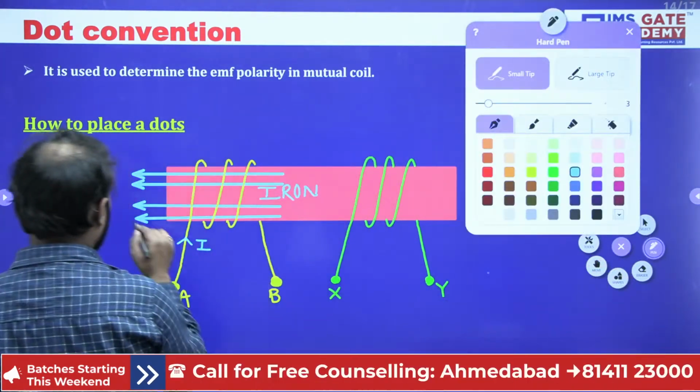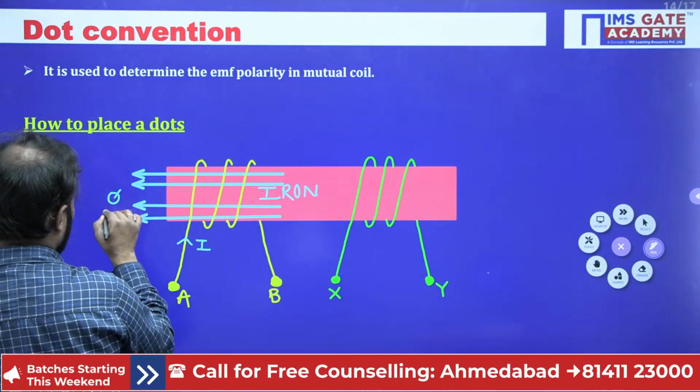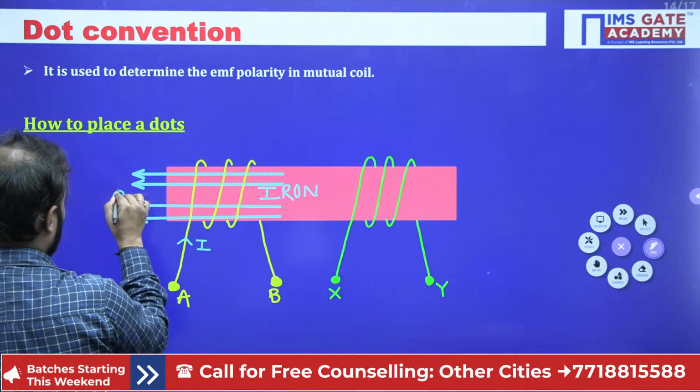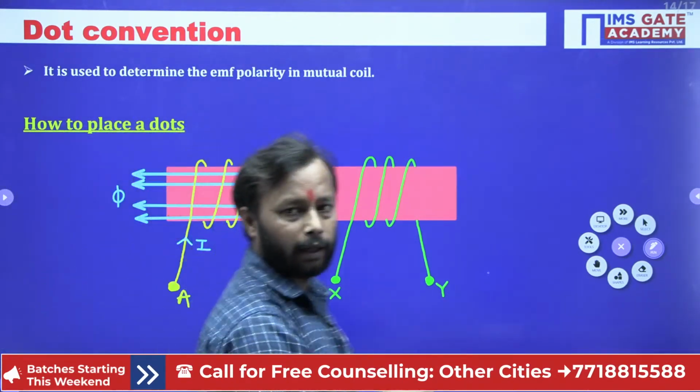This is the flux direction phi due to the current in this coil.